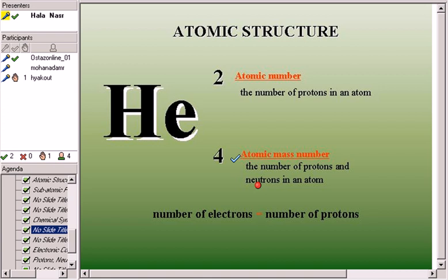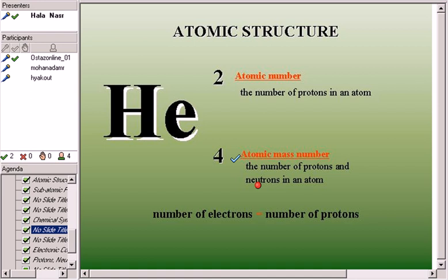Very good. Equals, where is the proton number? The proton number is the atomic number. So how many protons does this element have? 2. Excellent. Now, Mr. Ahmed, can we figure out how many neutrons?